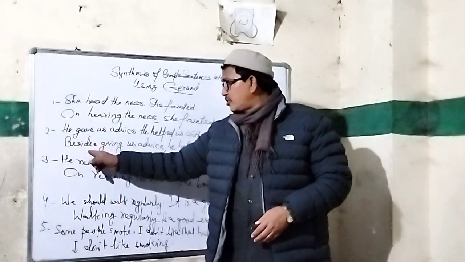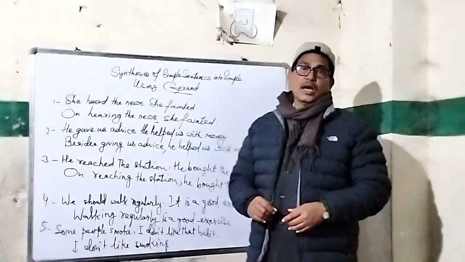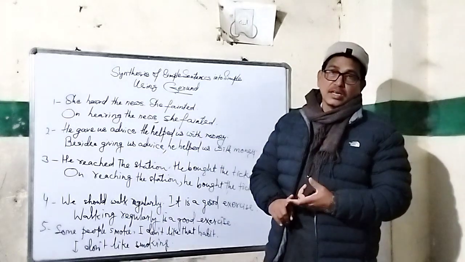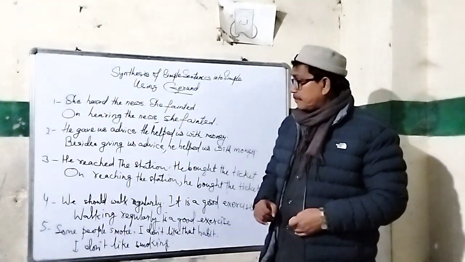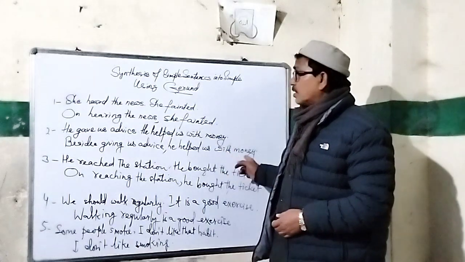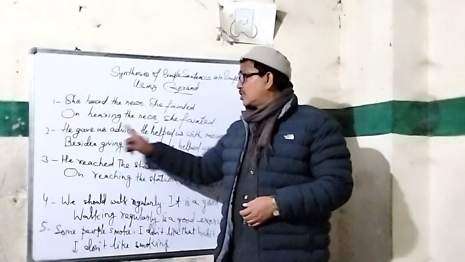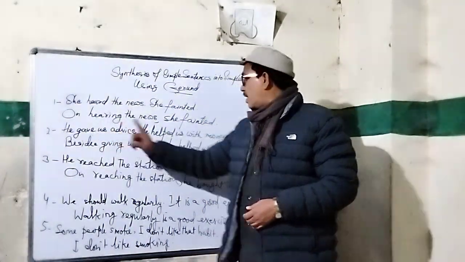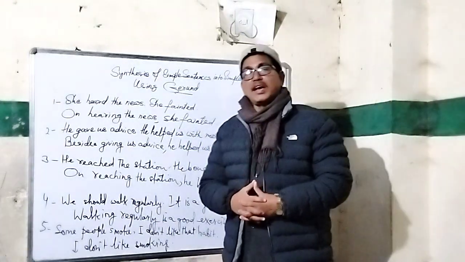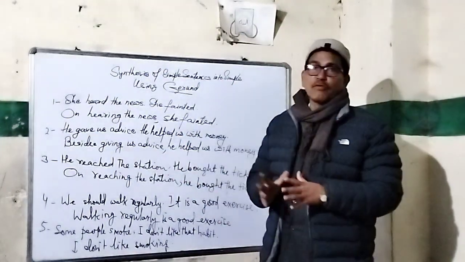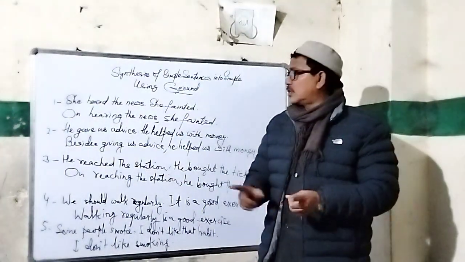Besides is here a preposition and giving is here the object of that preposition. That's why this word giving is working as gerund. दो सेंटेंस आपस में जिसमें फाइनाइट वर्ब दो हैं, गिव और हेल्प्ड, वो हमने गिव को गिविंग नॉन फाइनाइट बना दिया. That's why this is the way of synthesizing two sentences into one.